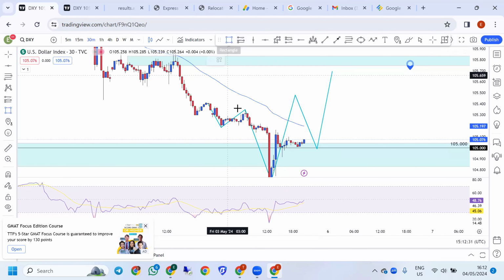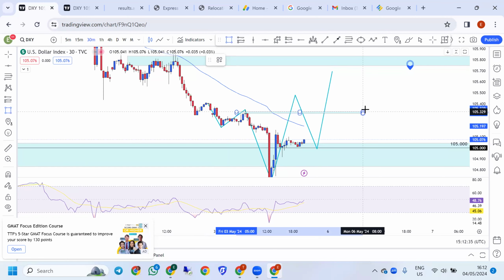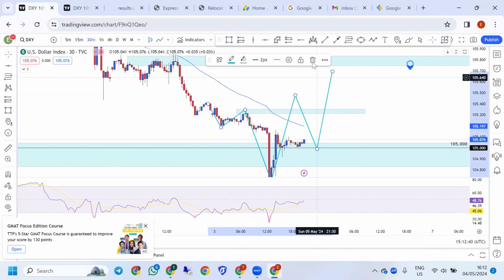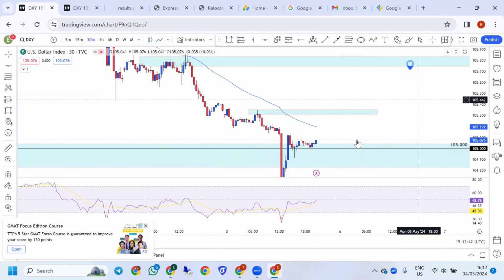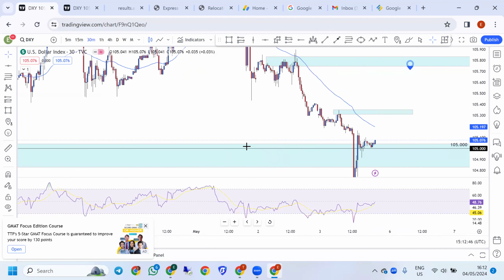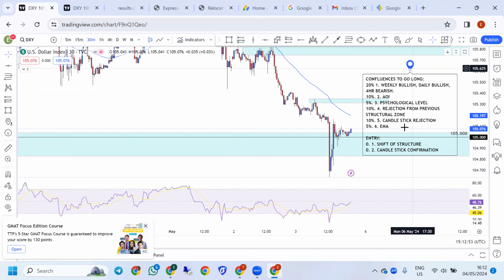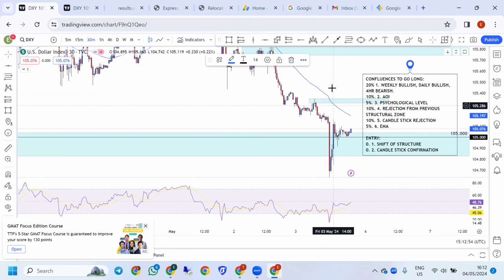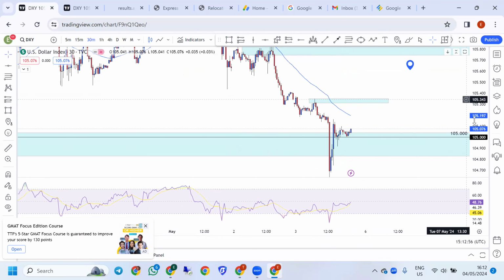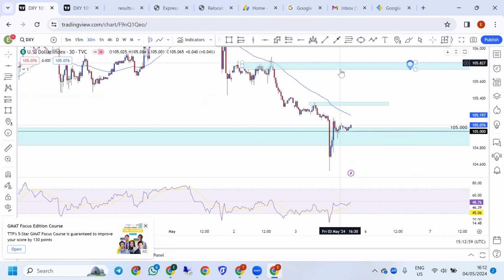Using the matrix we now got on DXY, we go to EURUSD and analyze what is going on there. Before you can say DXY wants to go up, we must make sure we have a shift of market structure. Very important. So for now, there is nothing to do.